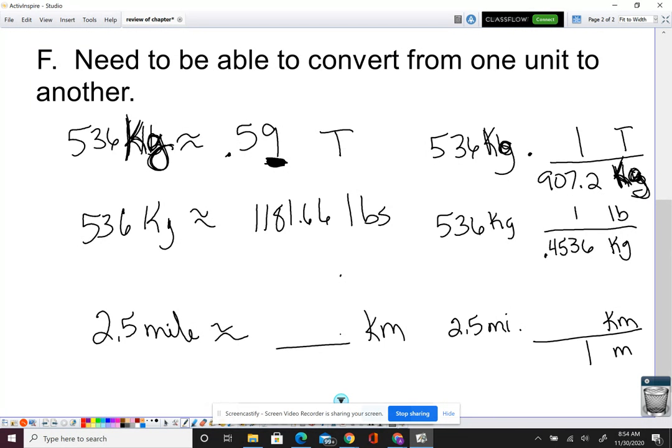We put miles on the bottom. Our conversion says 1 mile is 1.61 kilometers. So the 1.61 is up on top. So 2.5 times 1.61, and we get 4.025. Okay.